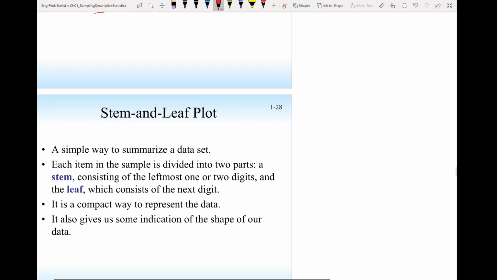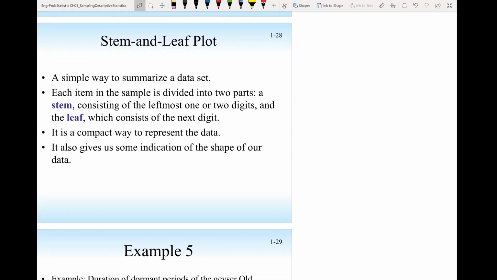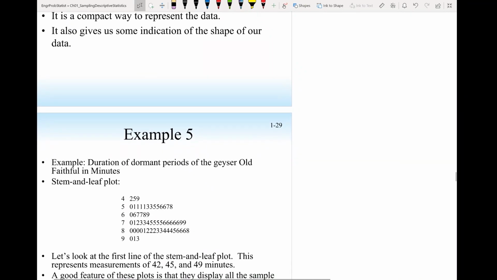The stem and leaf plot is used if you have data points that are small numbers and maybe 20, 30, or even 50 data points in the sample. What you do is the rightmost digit will be the leaf, and the leftmost digit will be the stem.